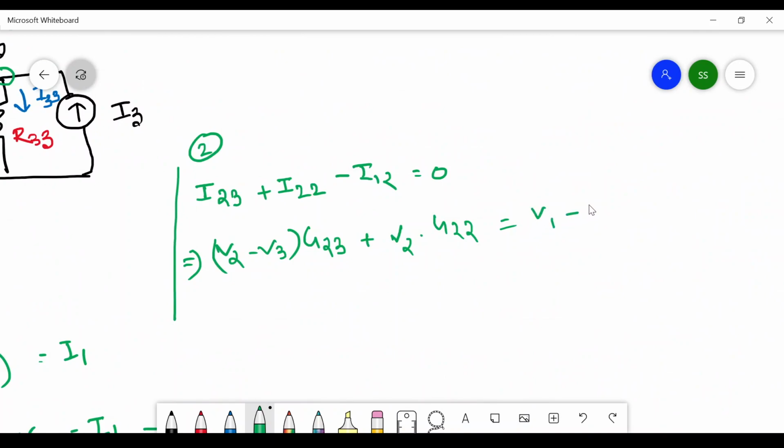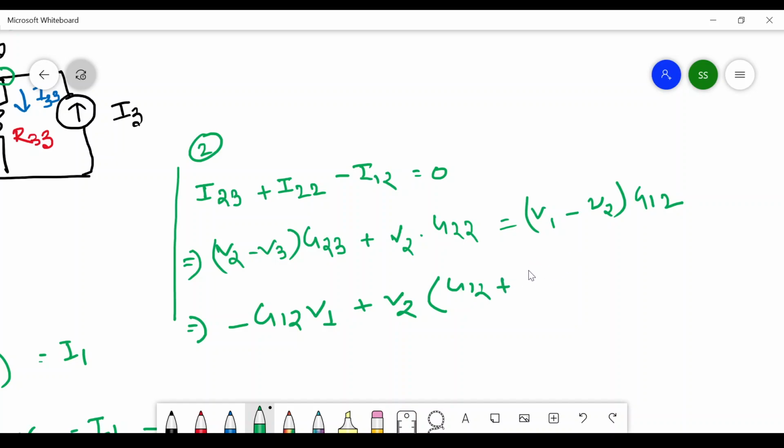If I rewrite this equation, what we can get is minus G12 V1 plus V2 into G12 plus G22 plus G23, minus V3 into G23, which is equal to 0. So this is equation number 2.